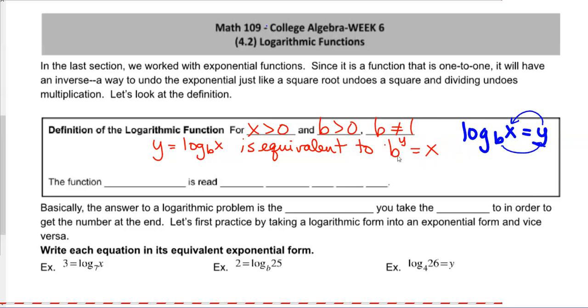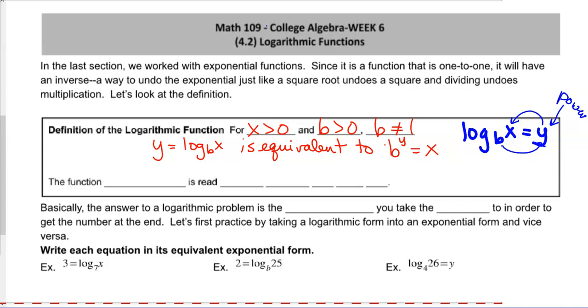And what happens is that we're so much more comfortable doing these exponential equations than we are with our logarithms. But I want to impose upon you that it is pretty simple as long as you remember this is the power that we are seeking to take this base to, to get this answer.